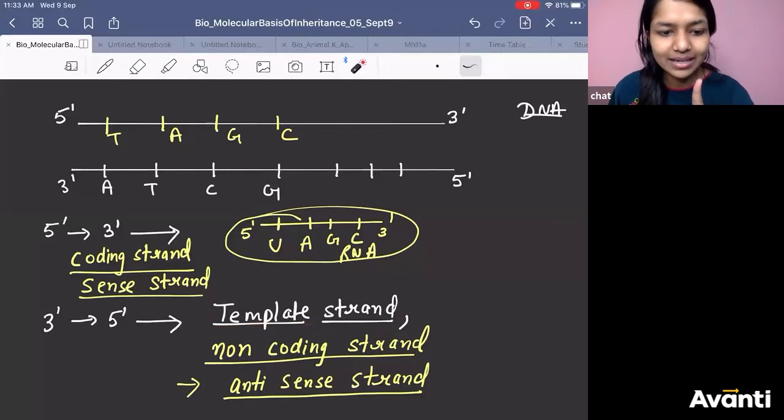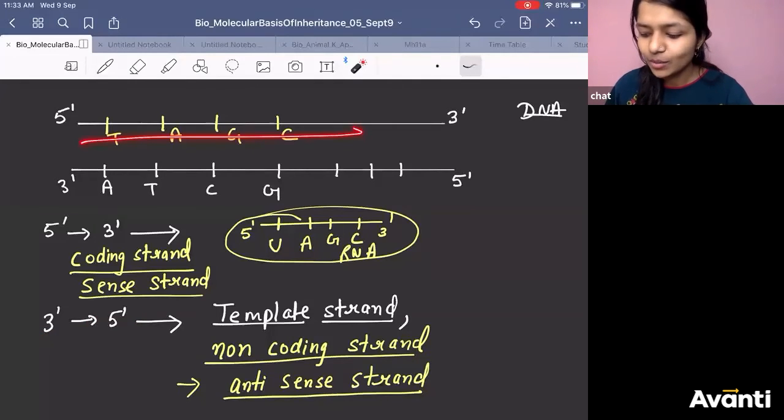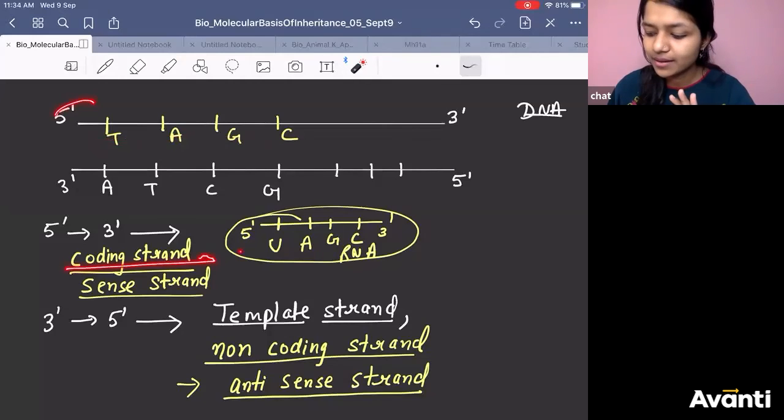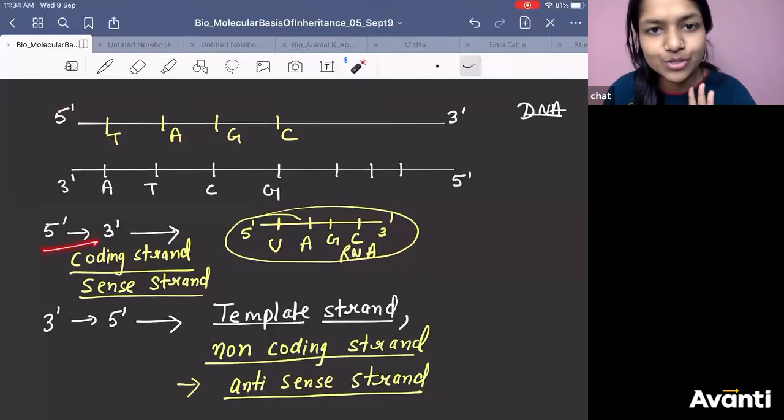Only one strand will act as template, and that is 3' to 5', because transcription happens from 5 to 3. Second, the RNA which you get has the similar code as 5 to 3. That is why 5 to 3 is called the coding strand. The RNA which you get is going to make sense because that will give you protein. That is why 5' to 3' is also called the sense strand.